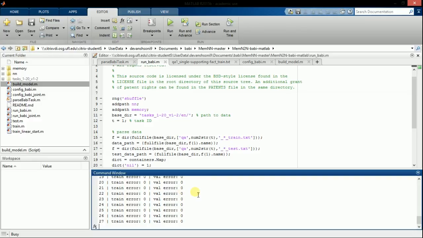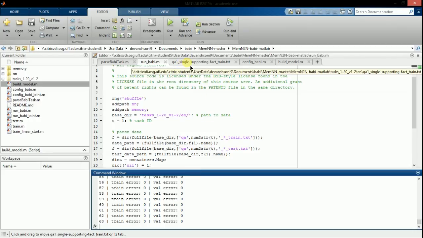So this indicates that there has been a change in the story, and a story is nothing but a set of sentences which are like a packed unit within which you have a set of questions. So all the questions will be answered by the sentences within that story. This will take a while to run.